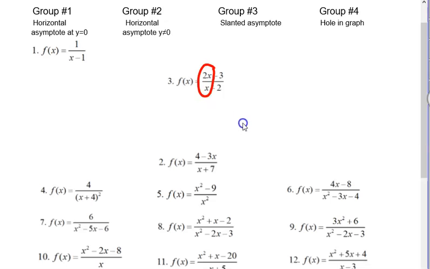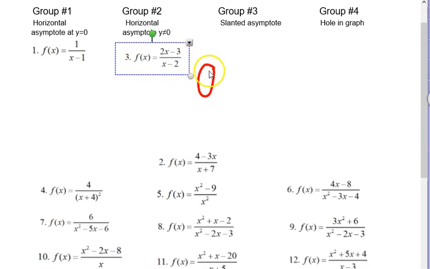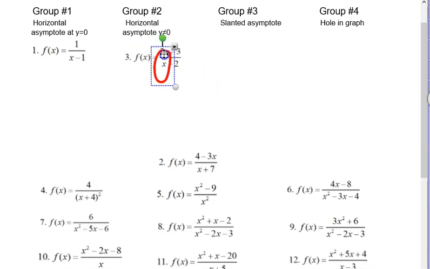So it's going to get really, really close to 2. So this is one where, I'm going to put that up here, as x gets bigger, y gets close to 2. So the asymptote is at y equals 2 instead of at y equals 0.